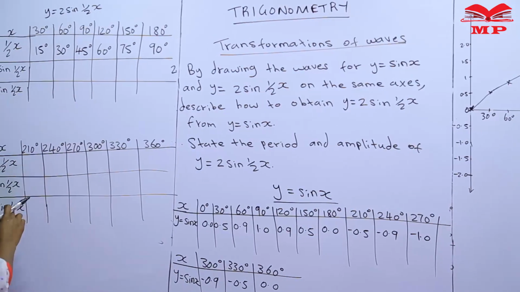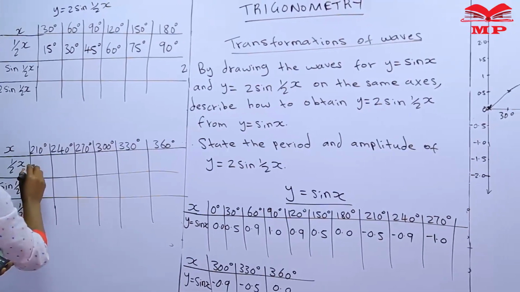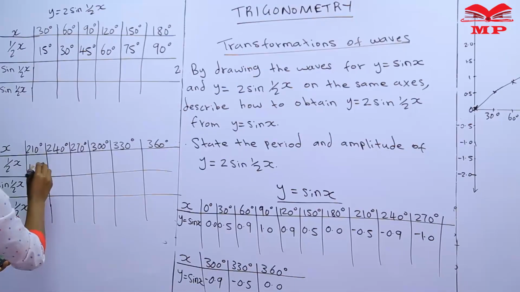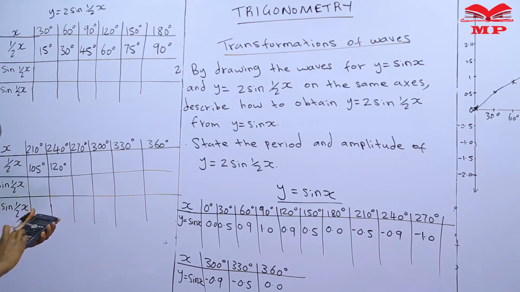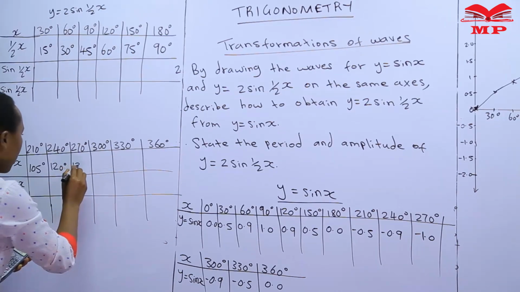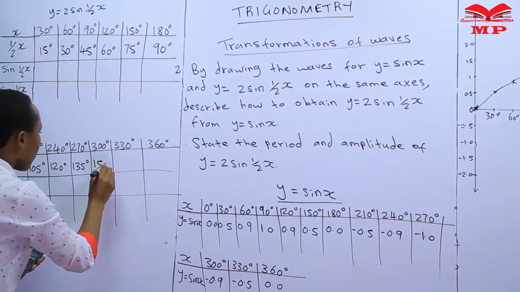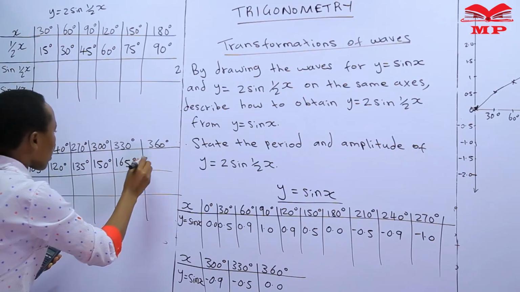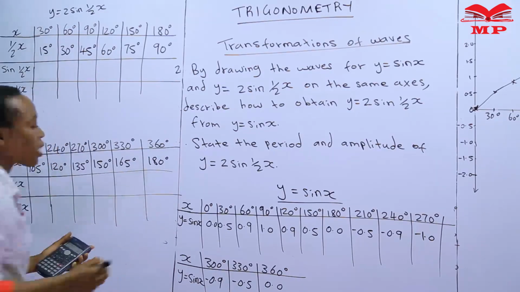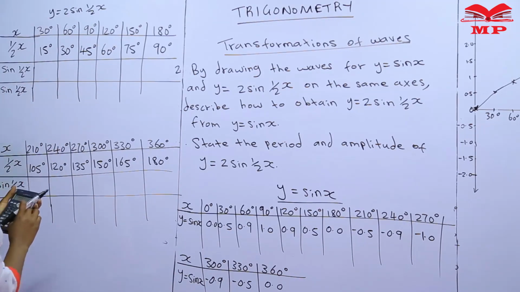Here we have 210, we divide again by 2, that is 105 degrees, 120 degrees, 270 divided by 2 gives 135 degrees, then 150 degrees, 165 degrees, 180 degrees. Then we will need to get the sine of this, sine a half x.